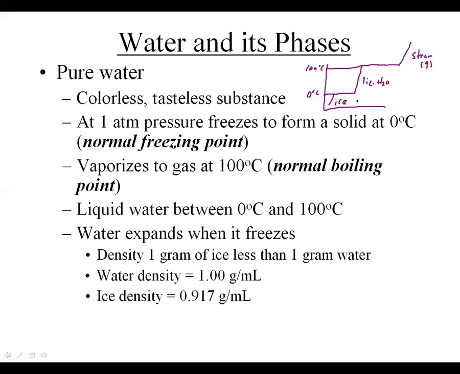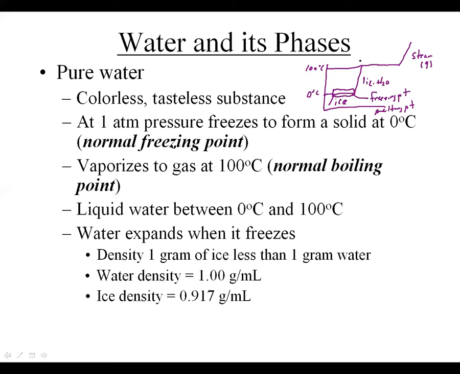When we get to these parts where we're transitioning, this would be its normal freezing point. Also its melting point, right? As we go backwards: if we go from liquid to ice, that's freezing. Going from ice to liquid, that's melting.